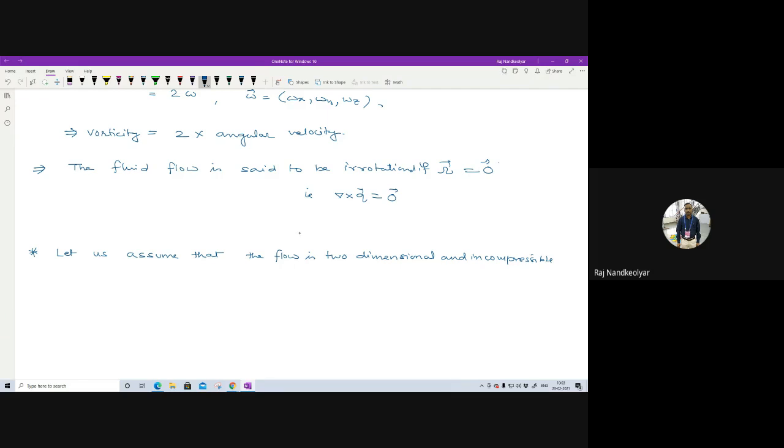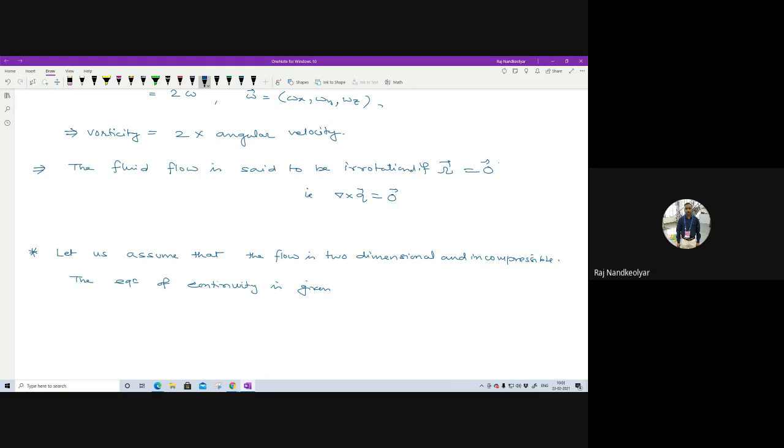If any flow is two-dimensional and incompressible, what is the continuity equation? The equation of continuity is given by... for a two-dimensional incompressible flow.